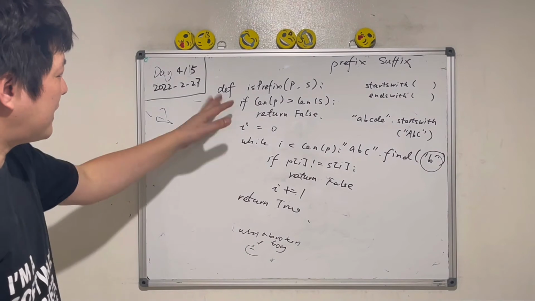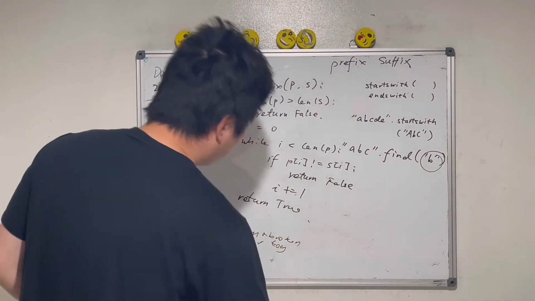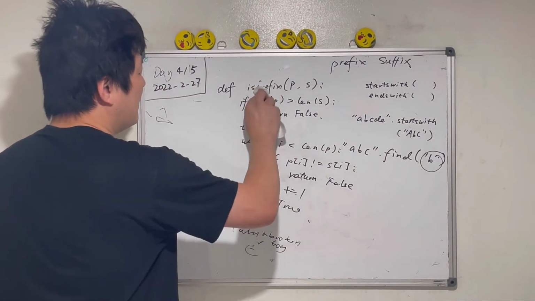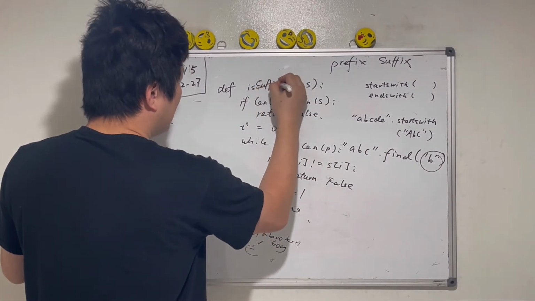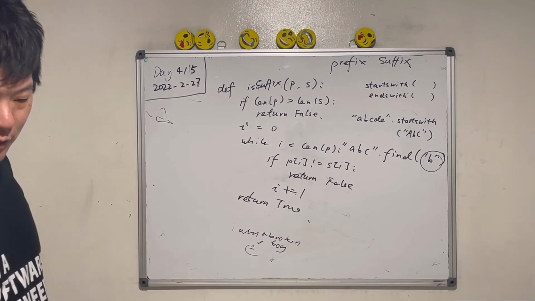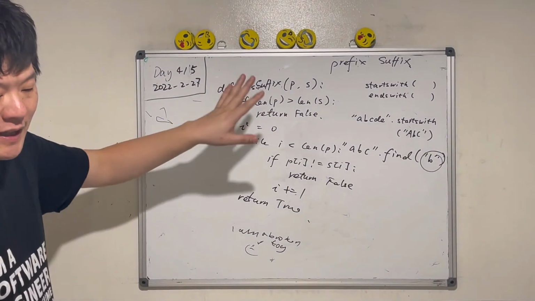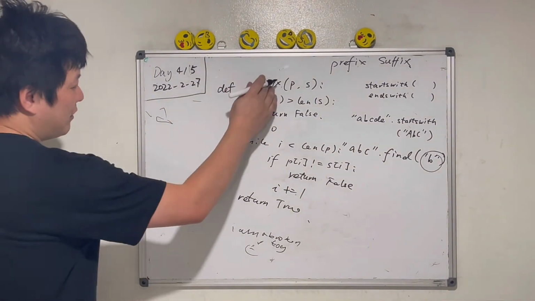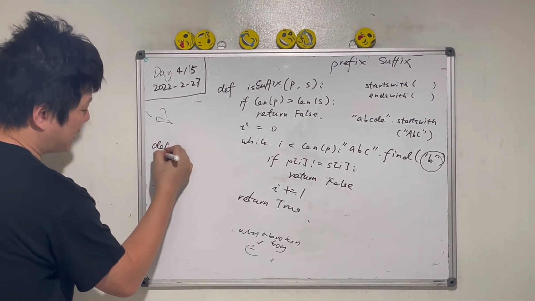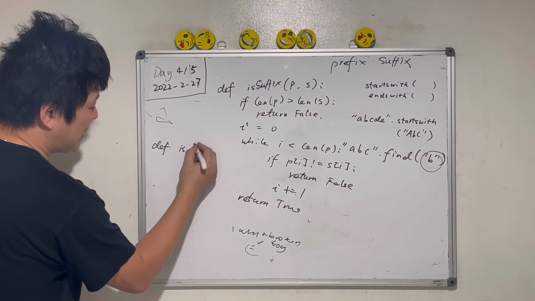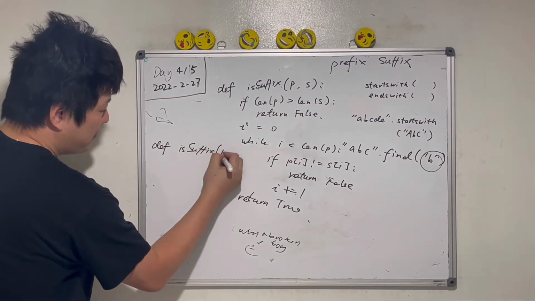This is prefix. For the suffix, it's easy, yeah? For the suffix, what do we do? If I say this is suffix. Reverse it. Yeah, we can reverse it. Good point. We can just say if is suffix, suffix ps.